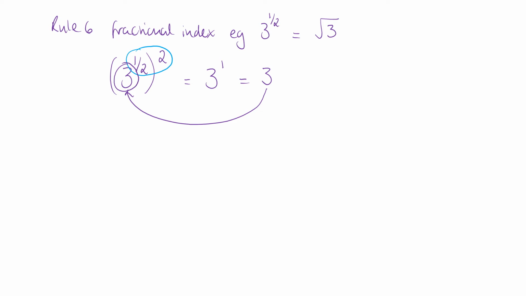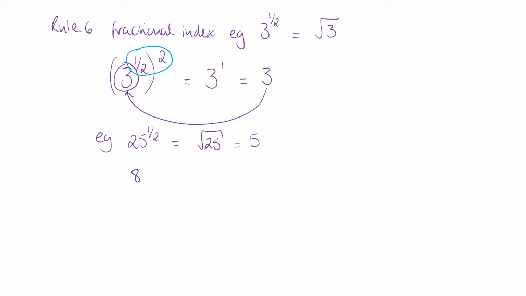So that is why the 3 to the half is the same as the square root of 3. So another example, if I had 25 to the half, that is the same because we've got a fraction as the index and the number on the bottom is 2. So that means the square root of 25, which is actually 5.